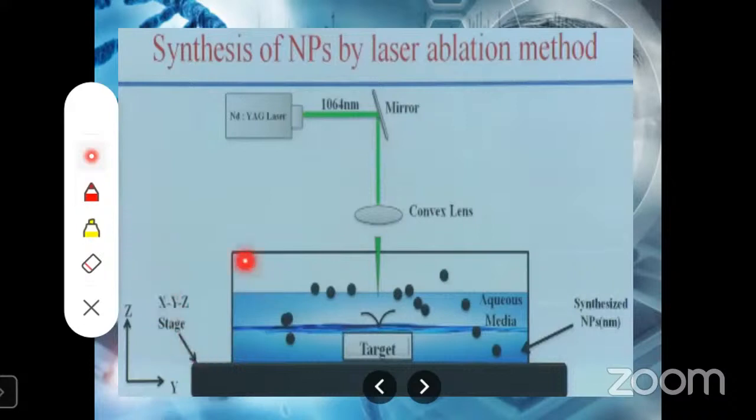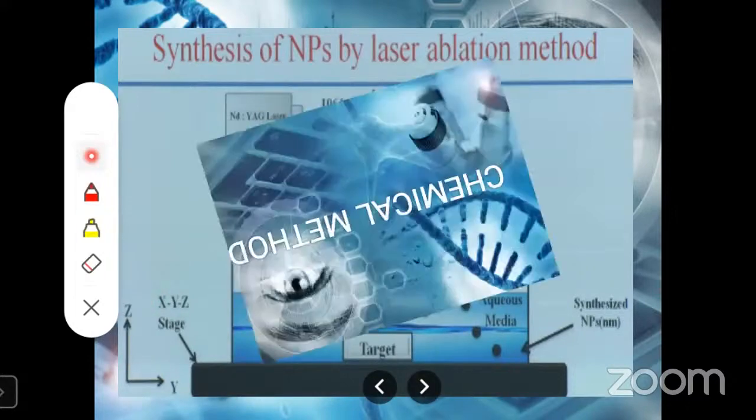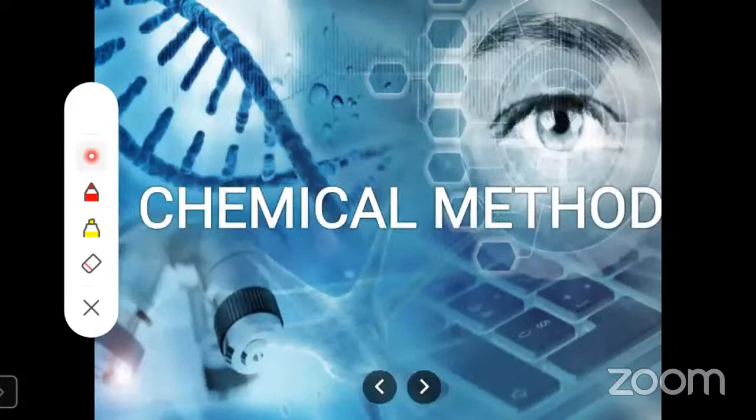So here you can see the directions of the XYZ positions. Up to this point, you may have understood nanoparticle synthesis by physical methods, using mechanical milling as well as laser ablation. Now we are going to see nanoparticles by chemical methods.